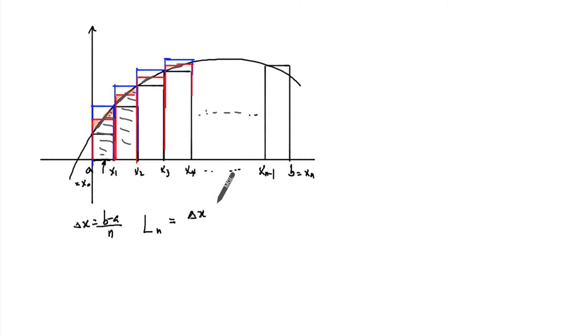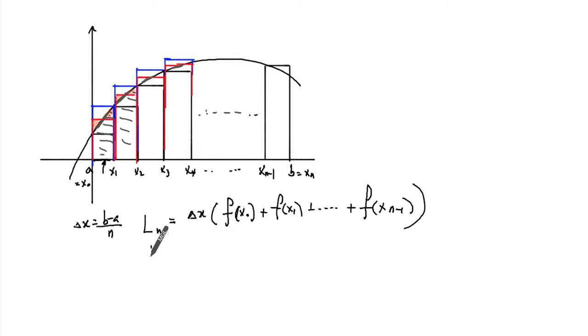So it's delta x times, base times height, but for the left-hand sum, it's going to be f of x0, then f of x1, next one's f of x2, and so on, all the way to the last one, which is f of xn minus 1.